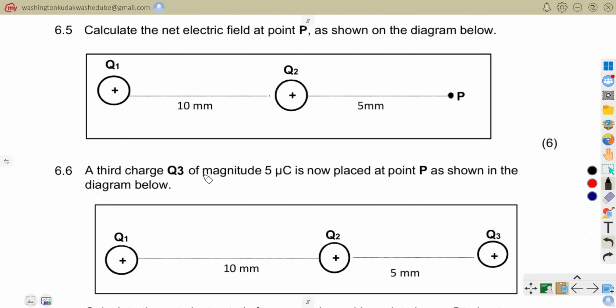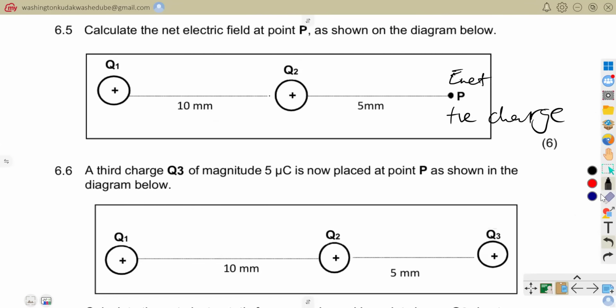Now let's go to the next question. Calculate the net electric field at a point P as shown on the diagram below. Now we want to calculate the net electric field at this point. So we are going to see that a point charge is always a positive charge. You have to know this.